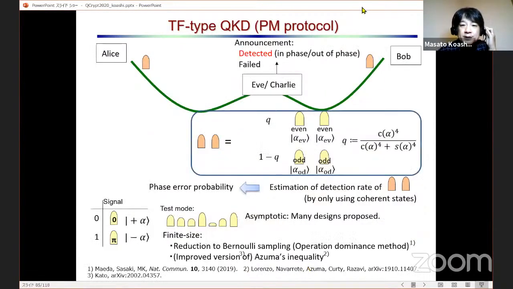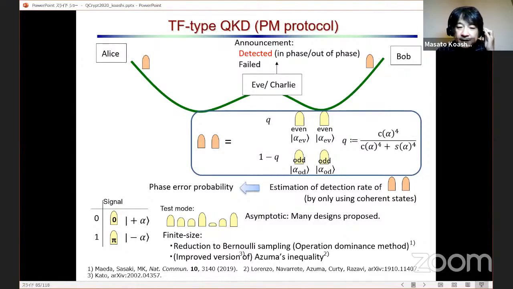The estimation of the phase error probability is conceptually very easy, because you only have to estimate the detection rate when this particular state has been sent to the central station. The rate of this state and this state is also fixed due to this signal property. So the only thing you have to do is estimate the detection rate of this single mixed state. This looks conceptually very simple.